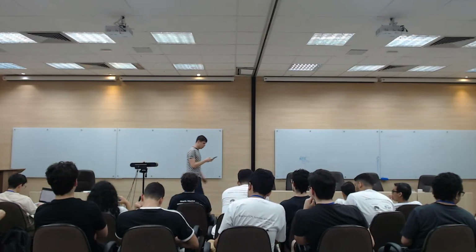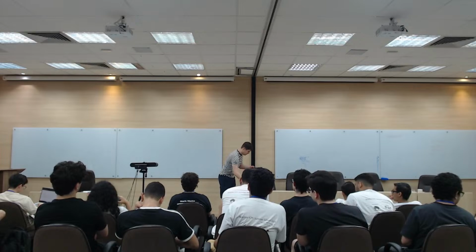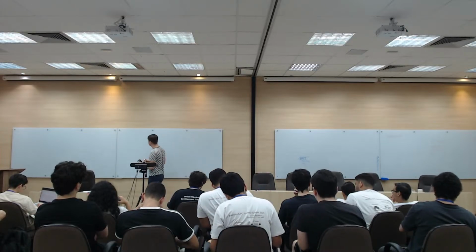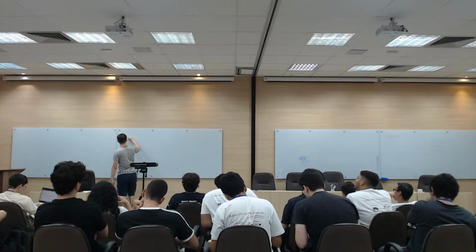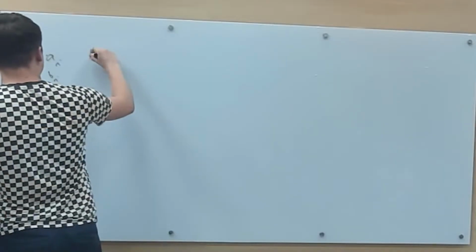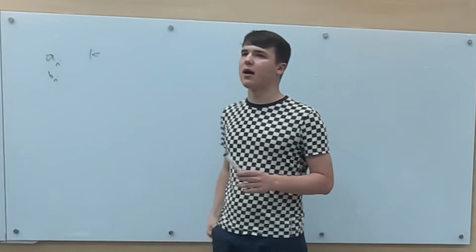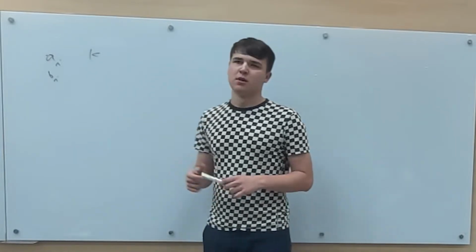Okay, so now Art. In this task we had two sequences, A_i and B_i, and the number k, and we had to pick exactly k times.